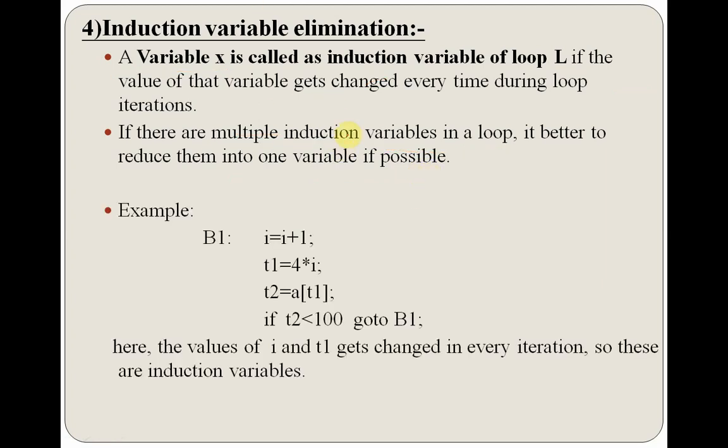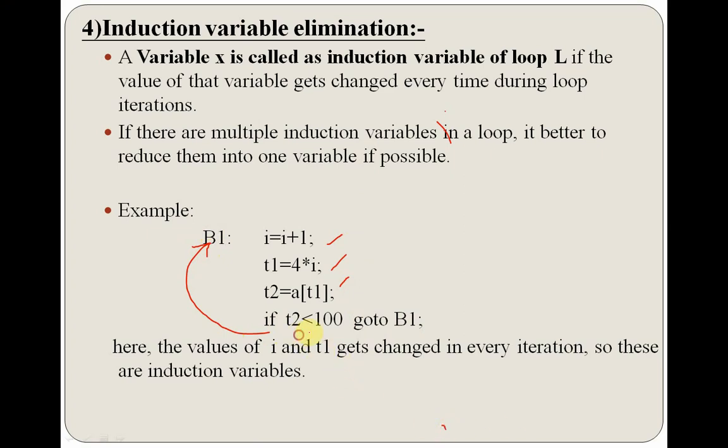For example, take this intermediate code: I equal to I plus 1, t1 equal to 4 into I, t2 equal to a of t1, and if t2 is less than 100, go to b1. So this is one loop statement, usually an exit control loop statement. This body is going to be executed, and at the end of this body we check the condition.